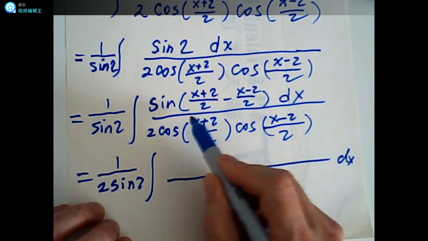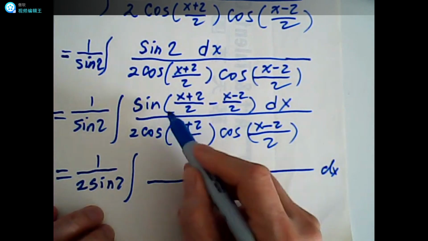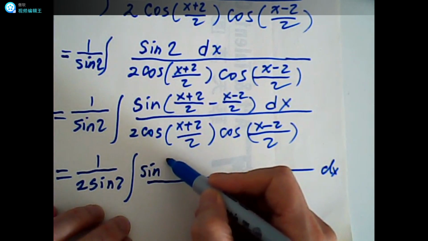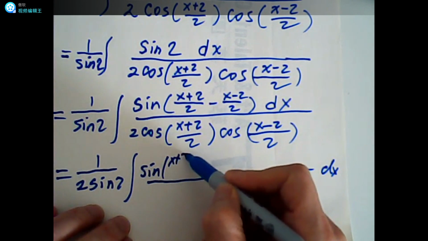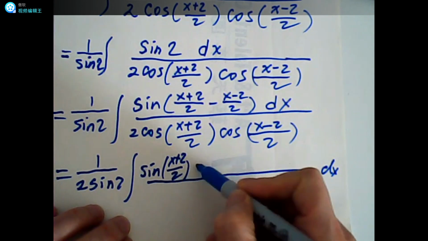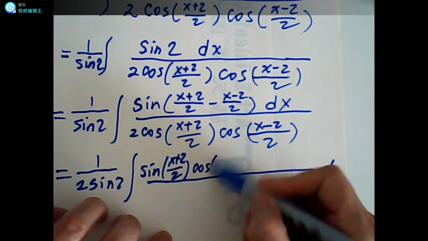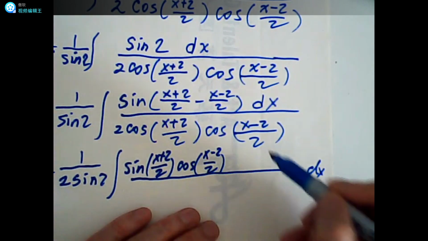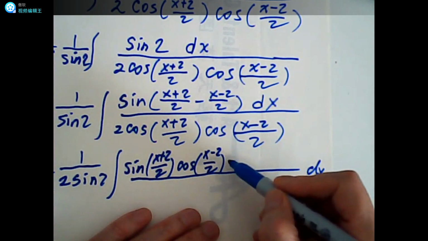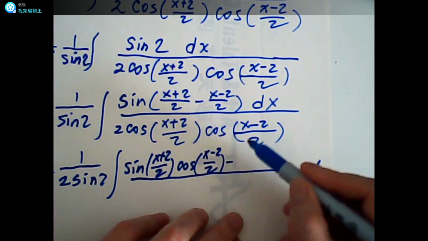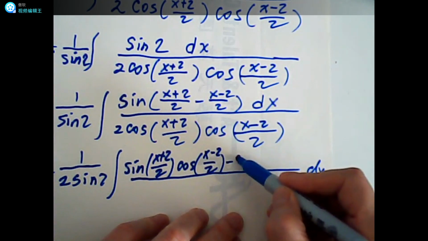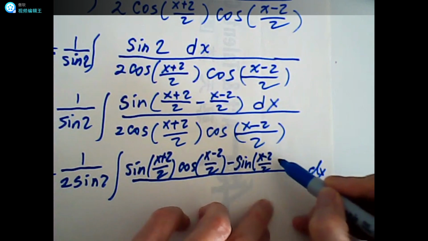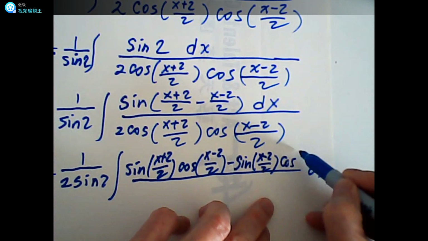And we know the formula for sine a plus b, sine a minus b: it is sine a, which is this, cosine b, which is this, minus sine b, this is b, and the cosine a.